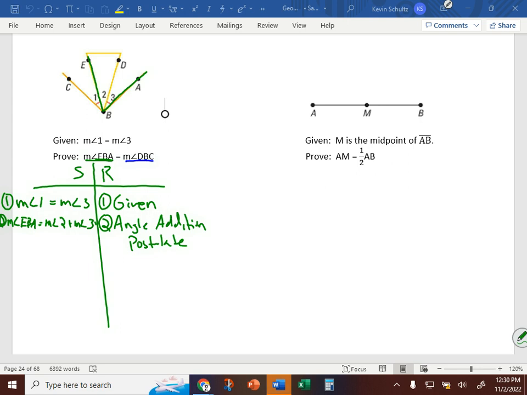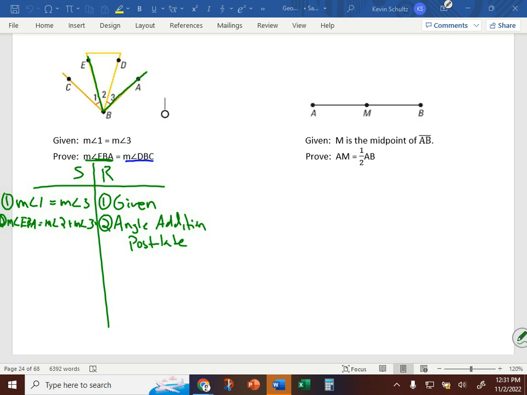And the reason why we went that route: again, our goal was to introduce angle EBA because we have to use that in our proving statement anyway. So what did we know about it? We knew that it was the sum of 2 and 3. That's all we can conclude about EBA initially.